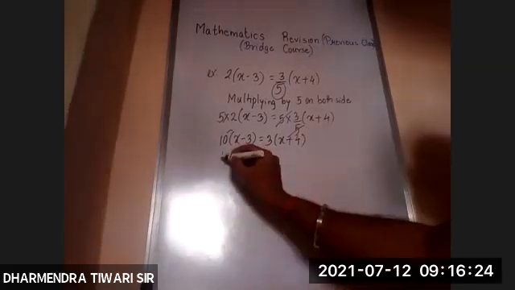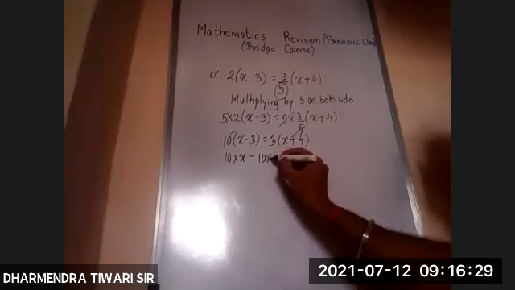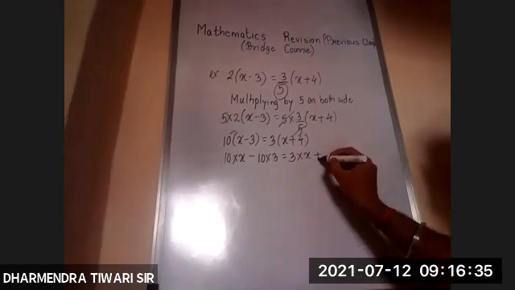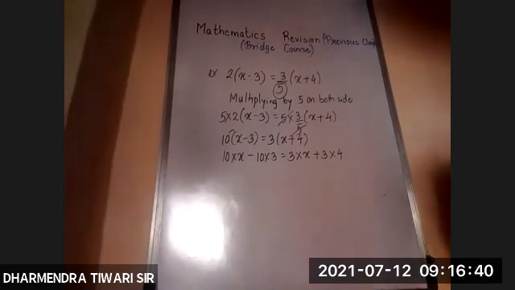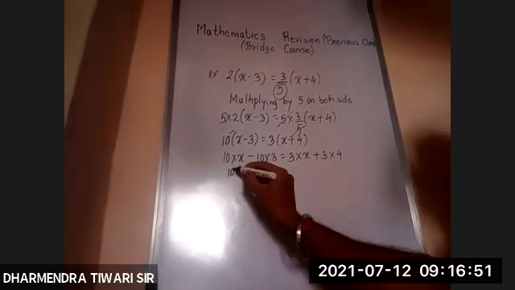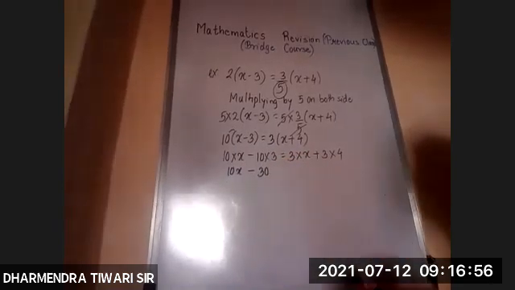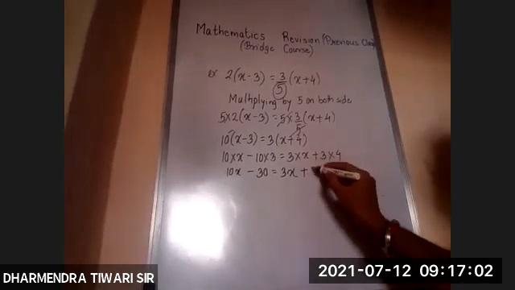We can write this as 10 into x minus 10 into 3, same here 3 into x plus 3 into 4. After opening a bracket, we are multiplying each component present in the bracket with the scalar term outside the bracket. This is 10x minus 30 is equal to 3x plus 12.